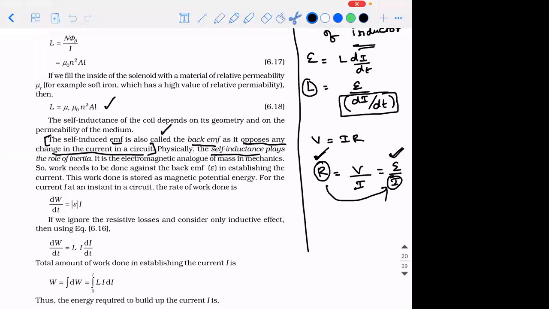And this is the reason why, please write it down, an inductor offers a very high resistance to alternating currents.